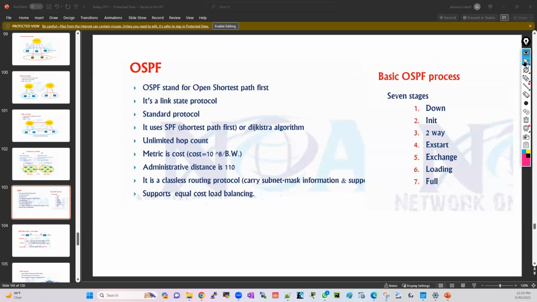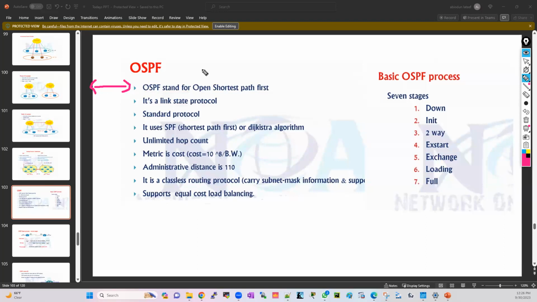OSPF is one of the major dynamic routing protocols. It is majorly used within a private network.